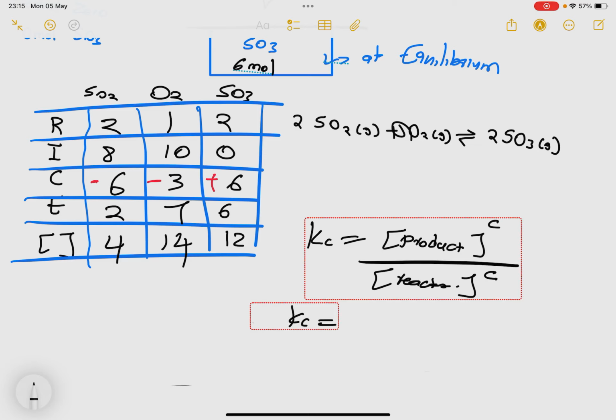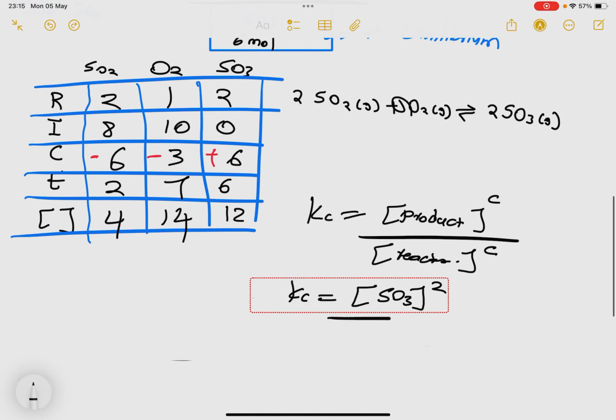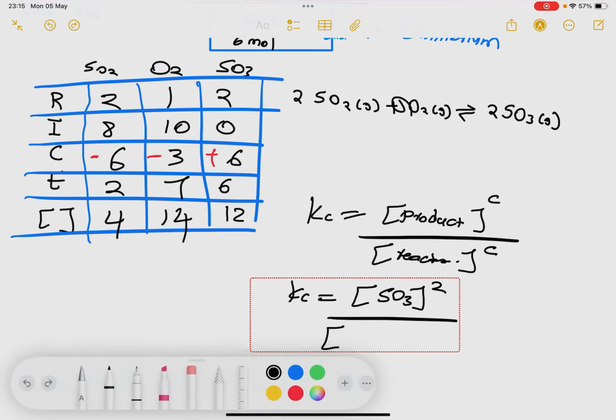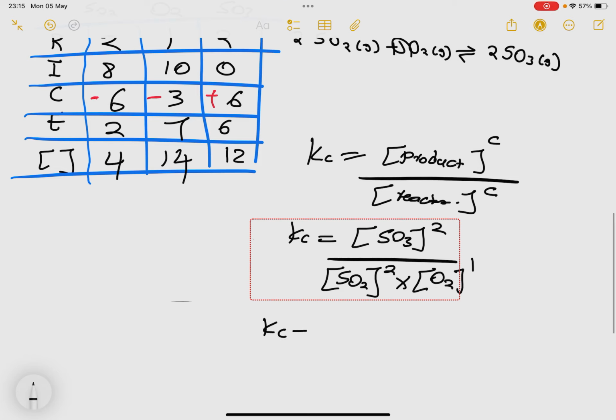So our Kc is the concentration of SO3 raised to the power of 2, which is our product, divided by the concentration of SO2 raised to the power of 2 multiplied by the concentration of O2 raised to the power of 1.